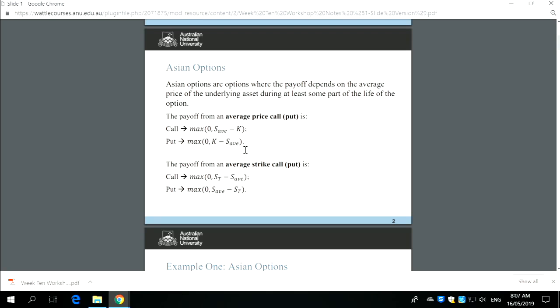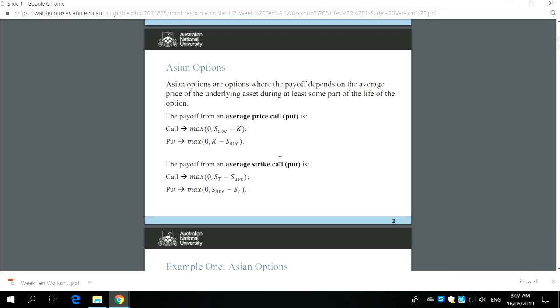And the corporate treasurer is more likely to be interested in the option that would guarantee the average exchange rate realized during the year is above a certain level, right? If that's the case, then the average price put option can achieve this more efficiently than your regular put option. So that's what we talked about on Monday.